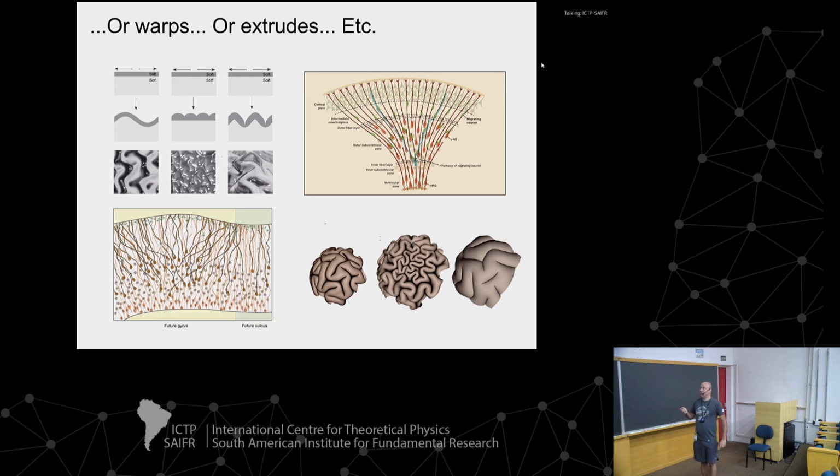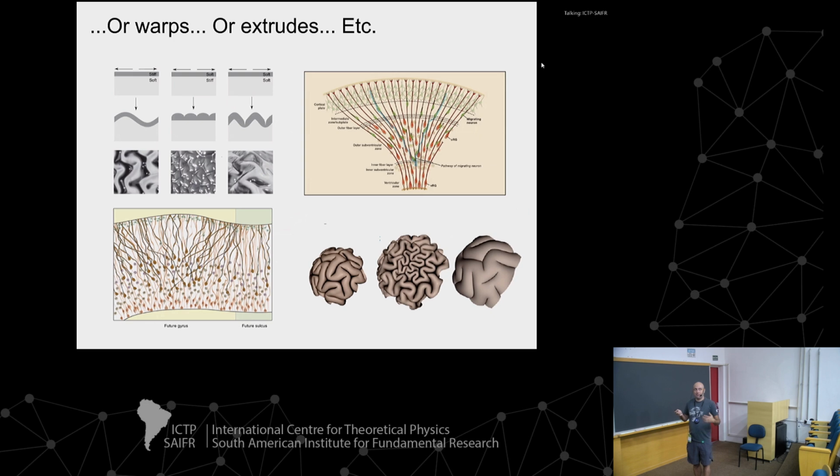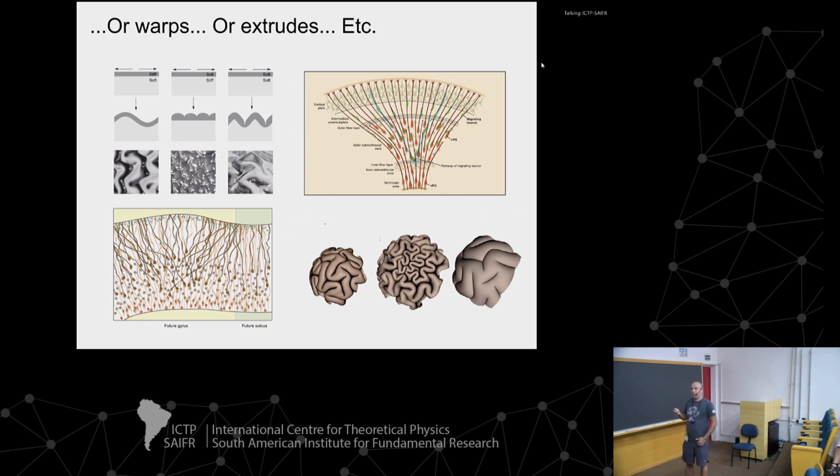And that also leads to gyrification. That has been verified both in simulations and in actual physical objects growing in a vat of solvent that present these cortex-like structures. So there are many ways you can try to derive a mechanistic model for cortical gyrification.